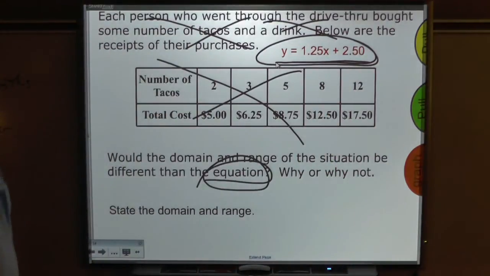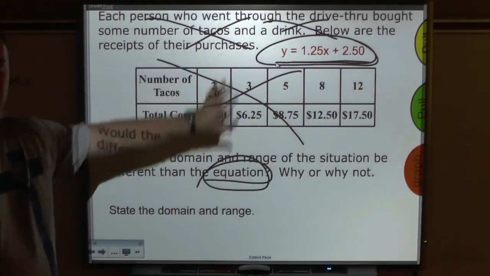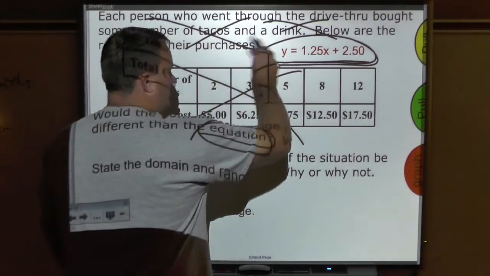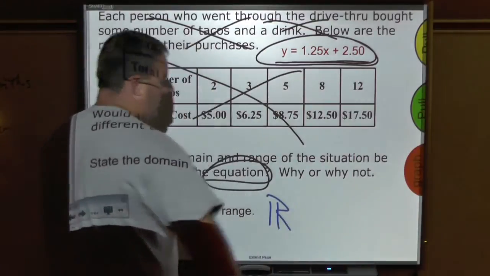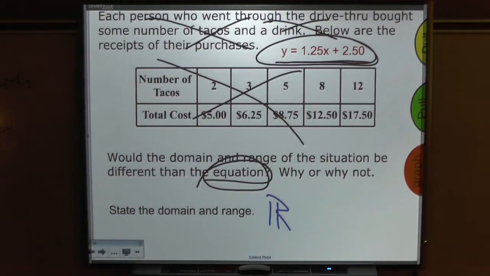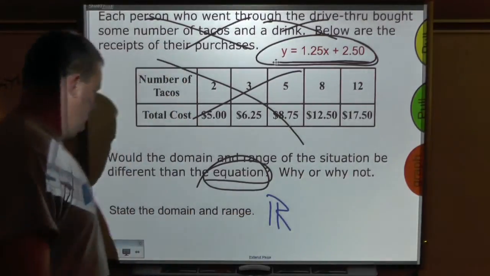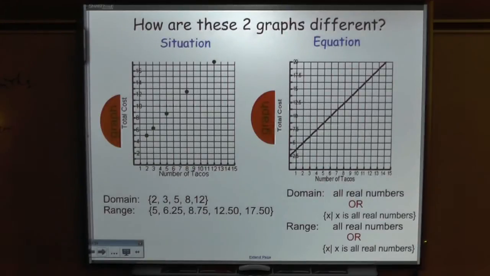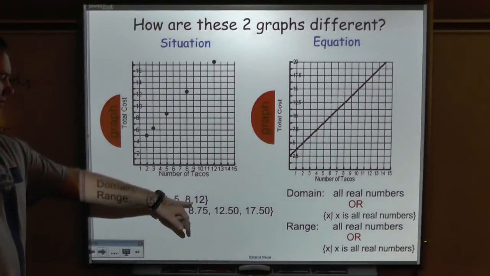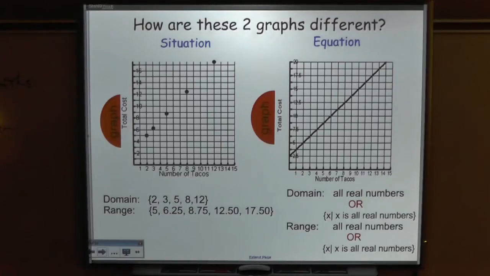So, if I ask you for the domain and the range for the equation or the function itself, just this, again, all real numbers for both the domain and the range. Because again, I don't care about the number of tacos when I'm talking about the function itself. I just care that we have a function. So as you look at this, here we go. Now as they did it here, they did it by the 2, 3, 5, 8, and 12. They did it by what was given in the table, which is perfectly fine.